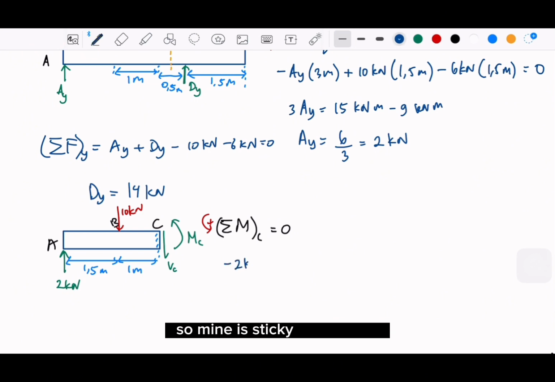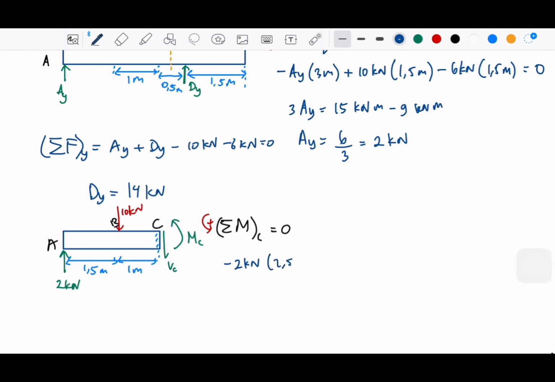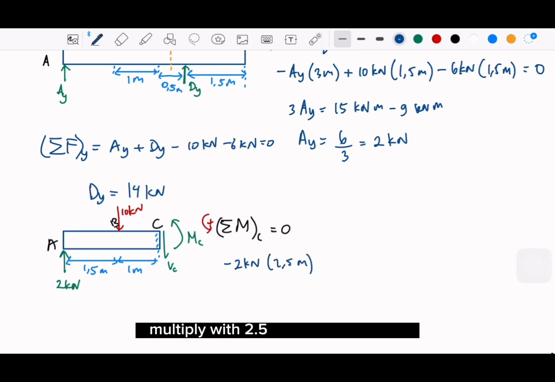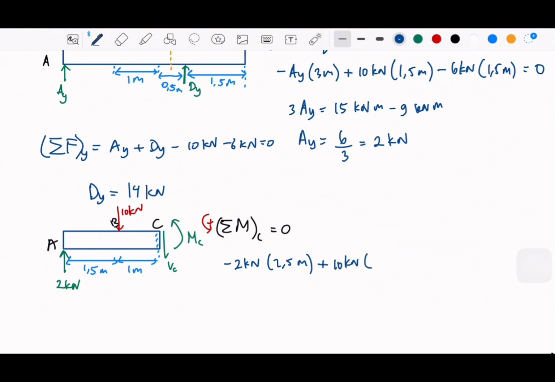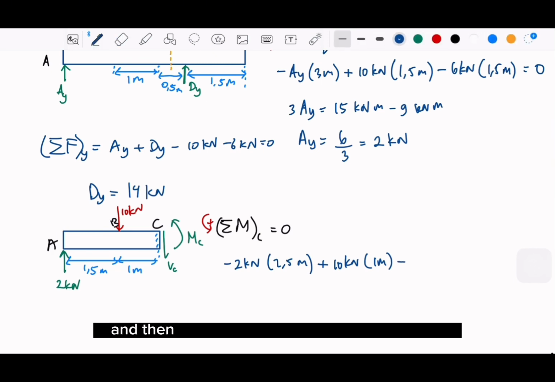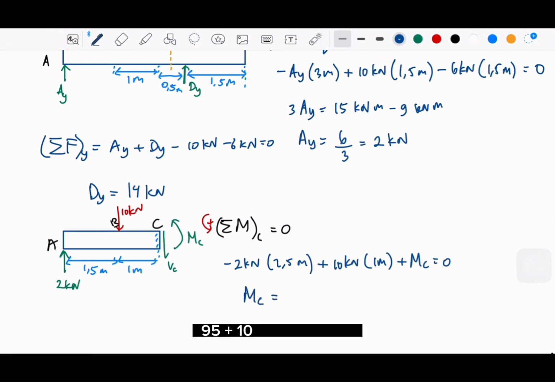So minus 2 kilonewton multiplied by 2.5, and then plus 10, and then plus the MC is equal to 0. So MC is negative 5 plus 10, which is 5.